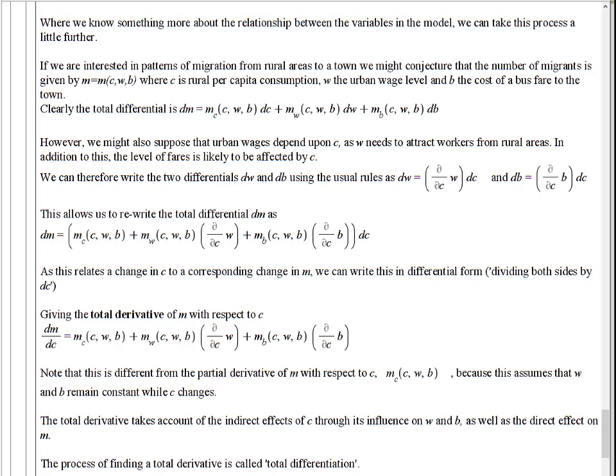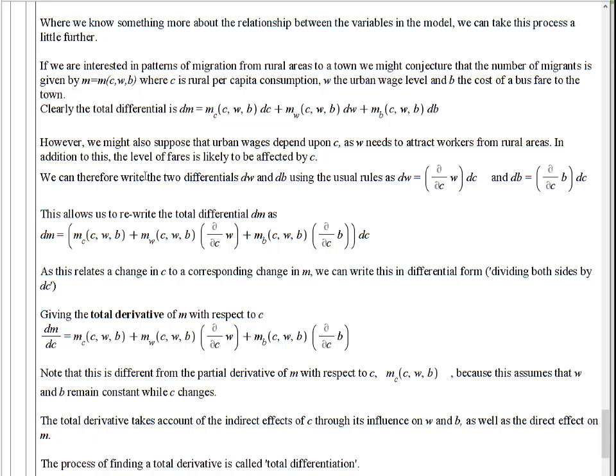But let's say we've got some extra information, which is that we know urban wages depend upon C, according to that famous model of Arthur Lewis that we started with. Because if C is really high, then W is going to have to be high as well, otherwise people would prefer to stay in the rural areas, and vice versa. So there's going to be a connection there. Also, the level of fares is likely to be affected by C, what people can afford and so on.